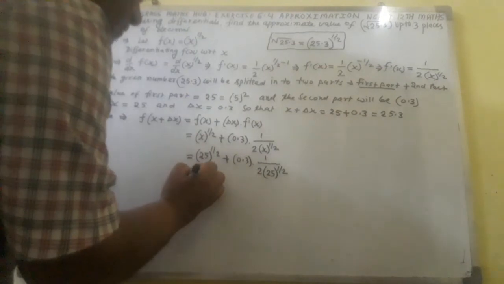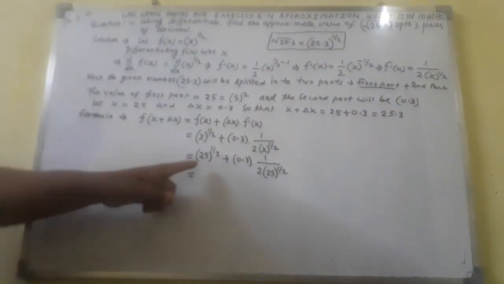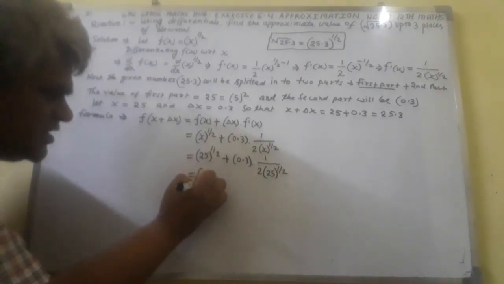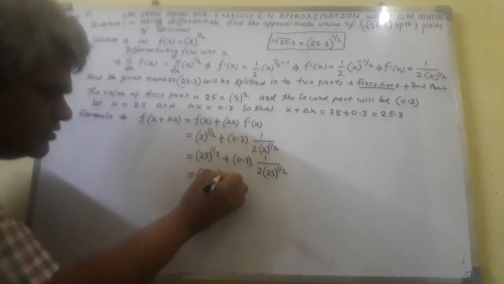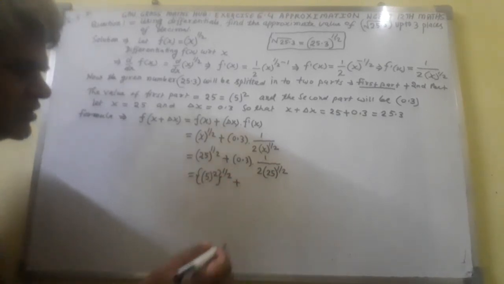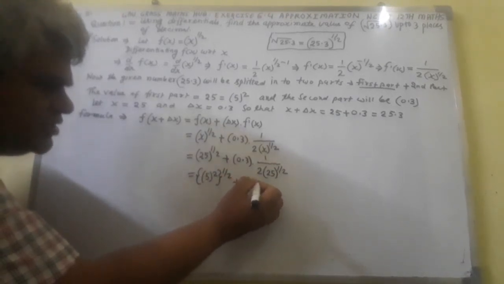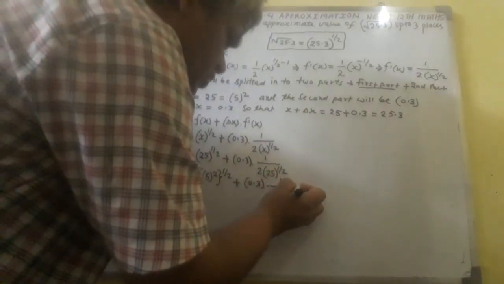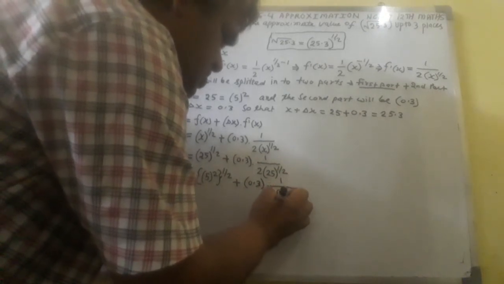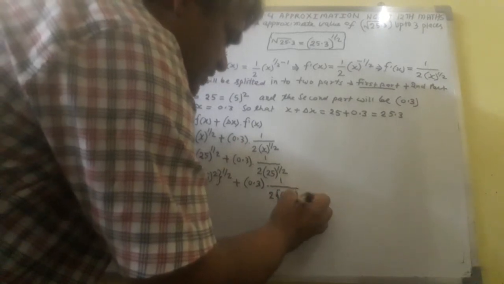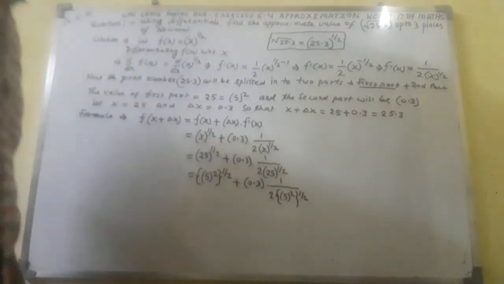Now 25 can be written as 5 का whole square. So here I shall write, in a curly bracket, 5 whole square raised to the power 1 over 2, plus 0.3 dot 1 over 2, in a curly bracket, 5 whole square raised to the power 1 over 2. This thing we have got.